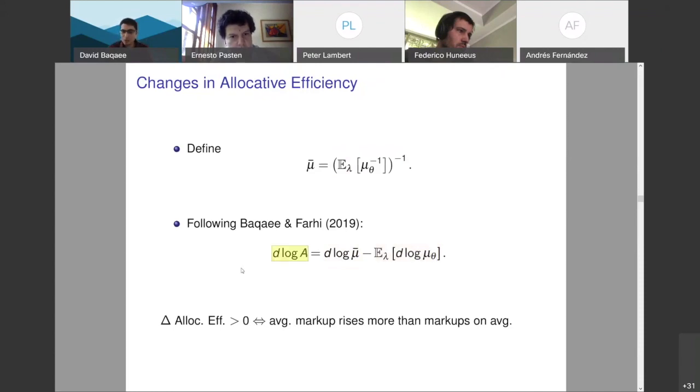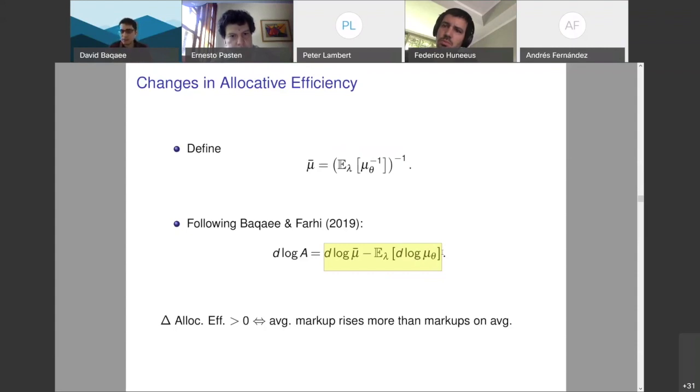Why is that? Well, notice that if this thing is positive, that's telling you there's a composition effect happening, which is that the high markup firms are expanding. And whenever the high markup firms expand relative to the low markup firms, that's an improvement in productivity.